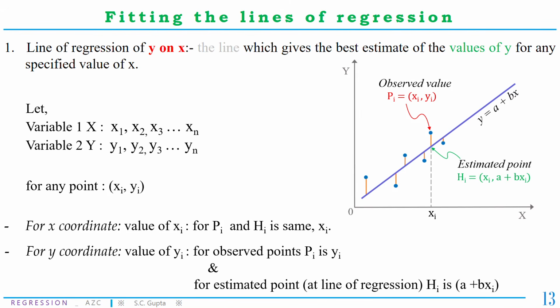For the y coordinate, because this is the line of regression of y on x, y is the dependent variable. Thus, the value of y is changed. For observed points it is yi, and for the estimated point on the line of regression it is a plus b xi.